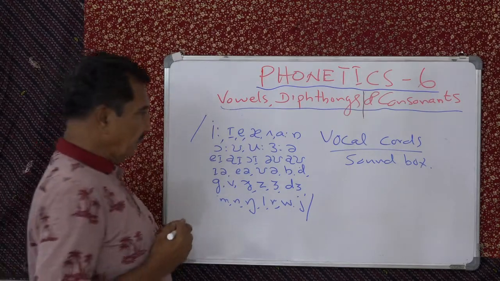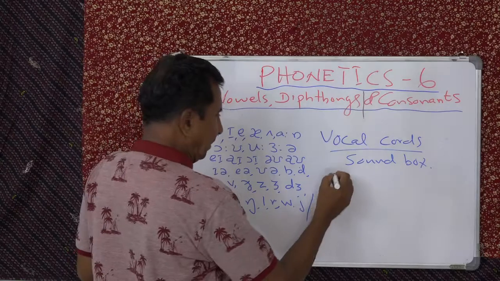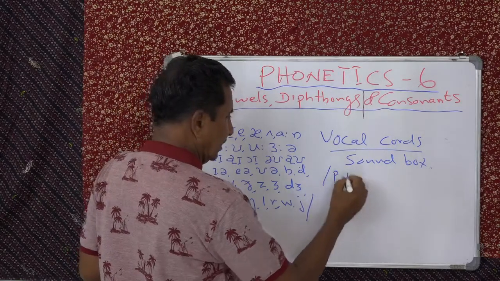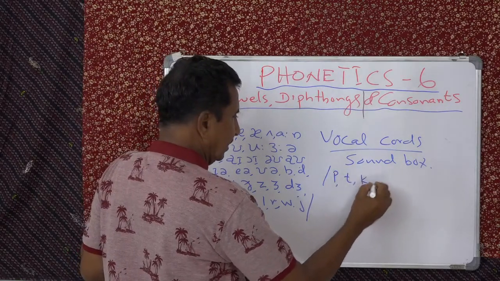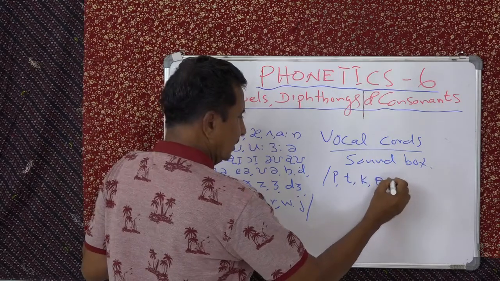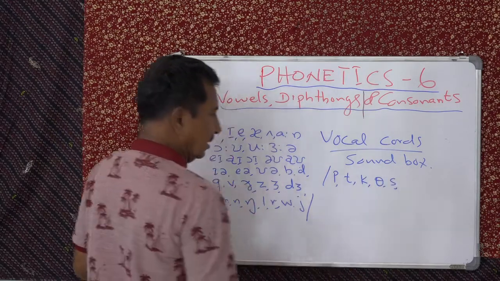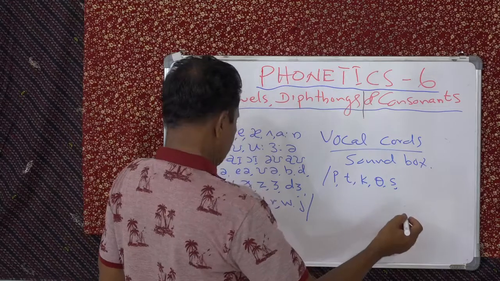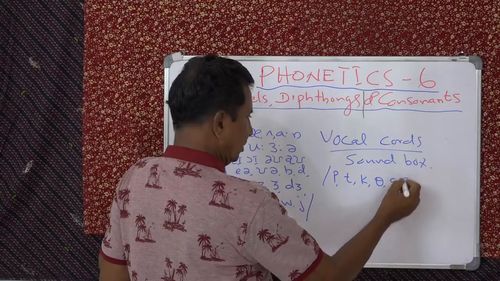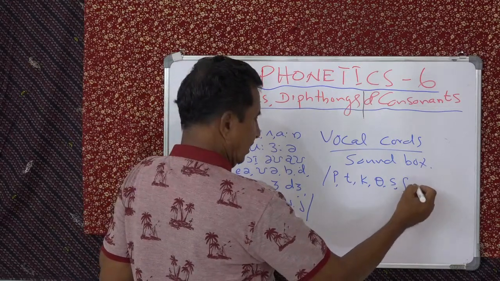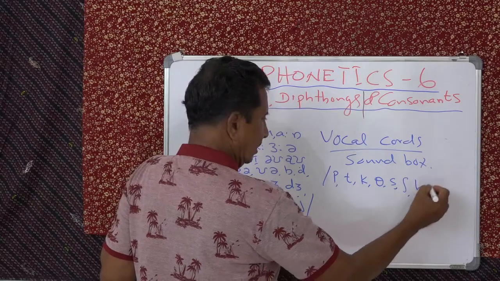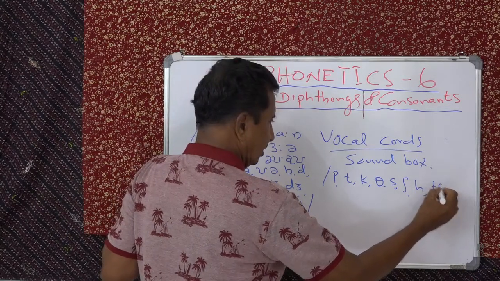And how many more are left? You have got P, T, K, F, T, S, Sh, and H, and Ch.